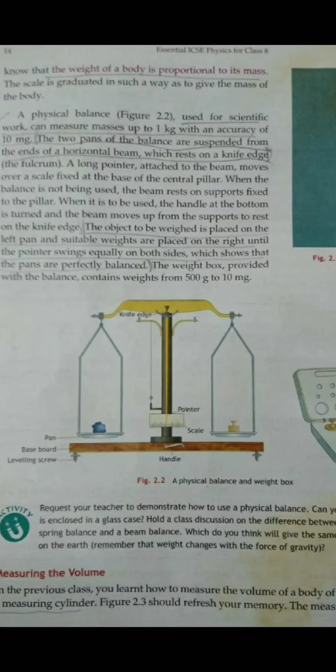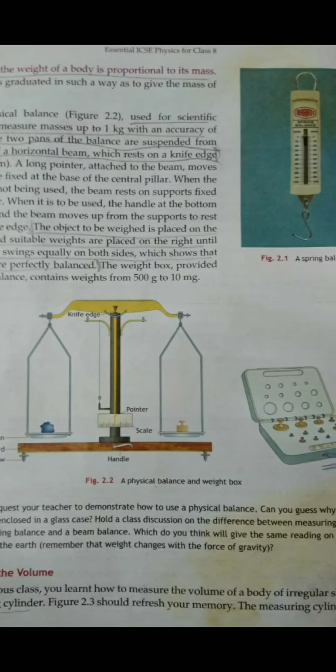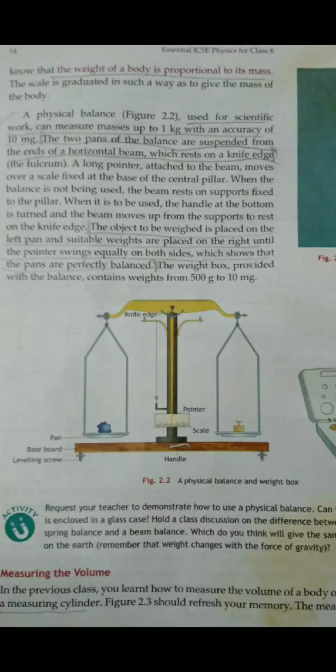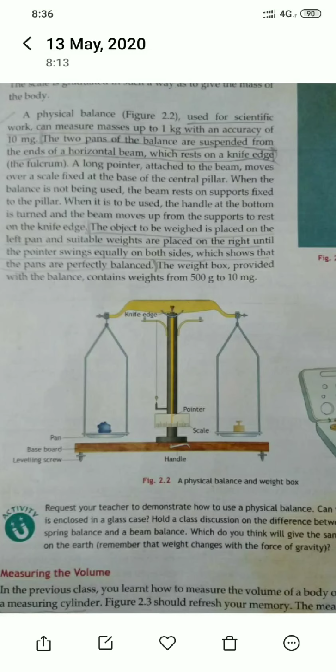On one pan we keep the weight from the weight box, and on the other pan we put the object which we have to weigh. First you put the object over here, and then you see the pointer, the yellow colored line coming from top to down up to the scale, that is called the pointer.